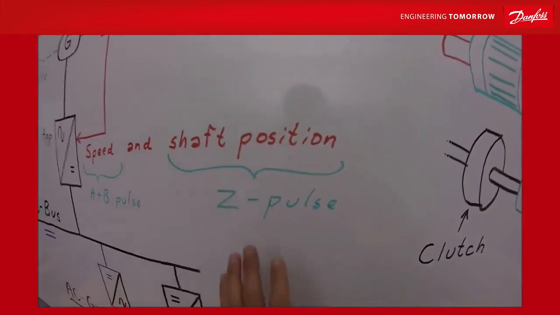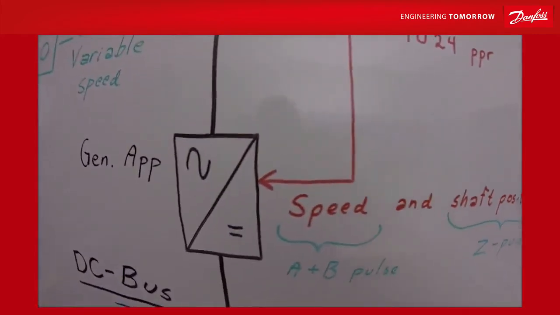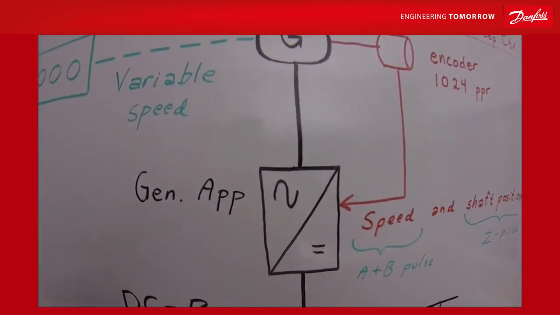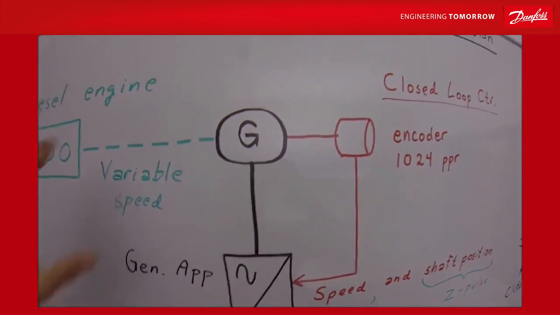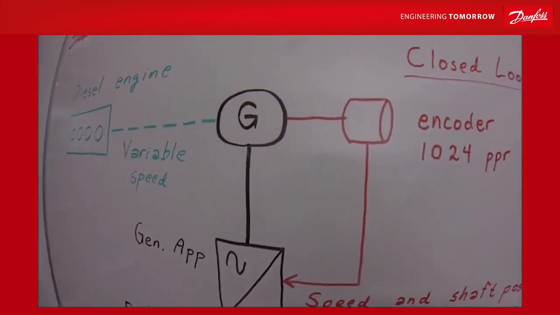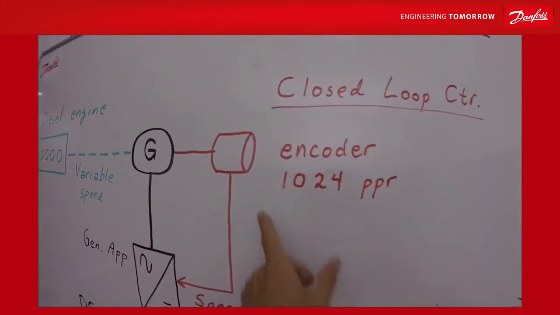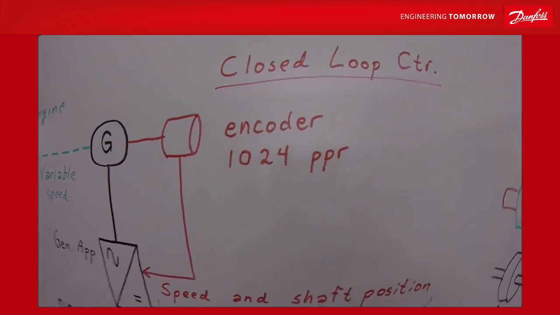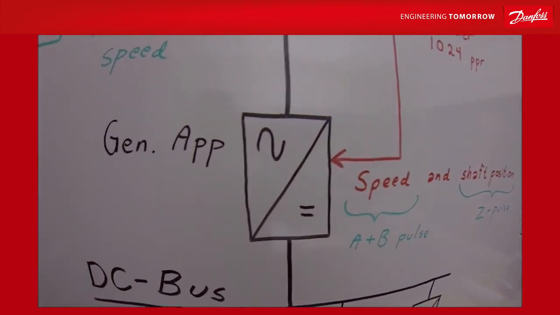Then we also need to know the shaft position, and this is to determine the polar angle, the angle between the stator and the magnets. Open loop is not a good solution for this, as the precision and efficiency will be lost. So you need to fit an incremental encoder, typically 1024 pulses per round, and typically you could use an OPT A5 input board in the drive.